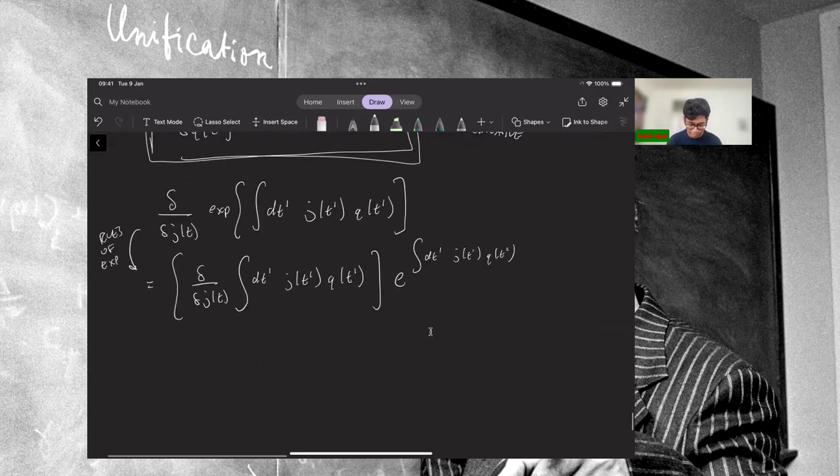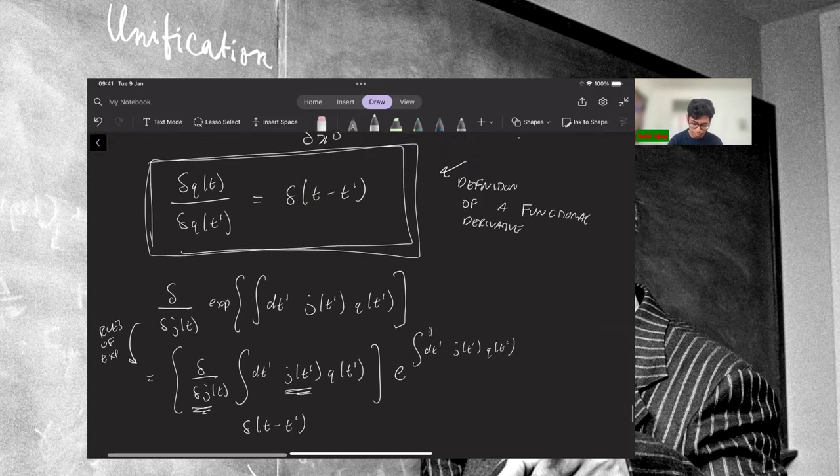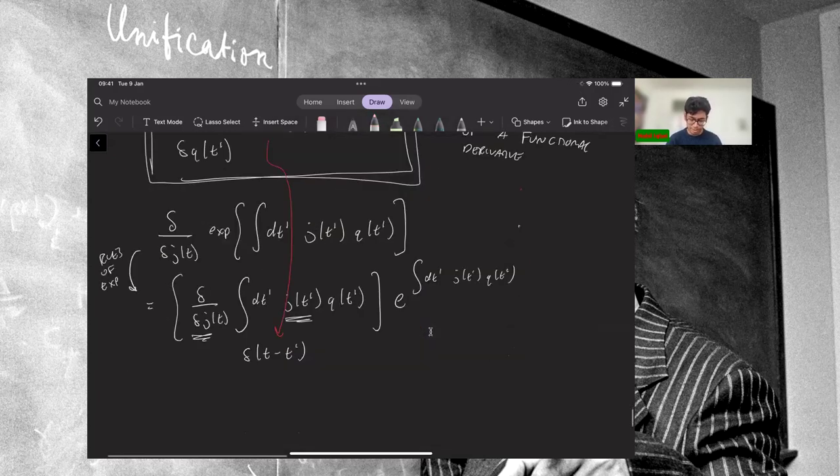And now what do we have here? The j of t is going to hit this j of t prime and give me a delta of t minus t prime from the rule we have here. Then I have the integral dt prime left with a q of t prime, and the integral of the delta function will just give me q of t.